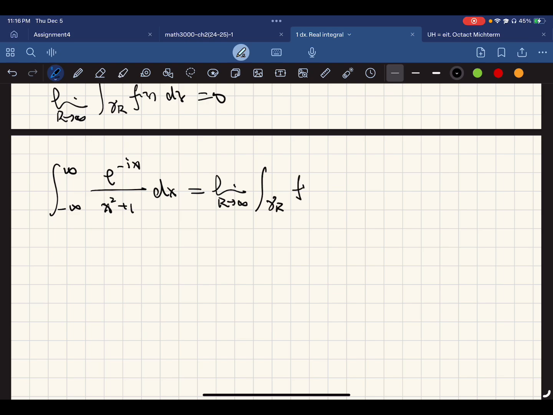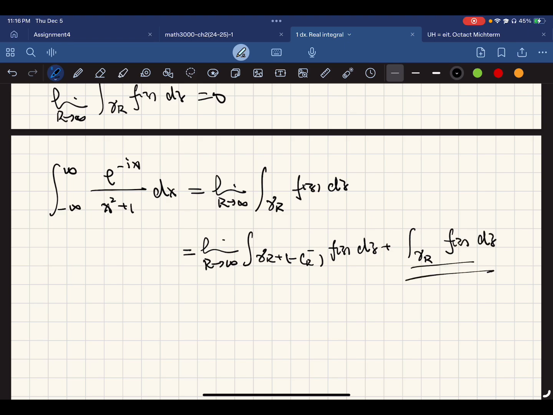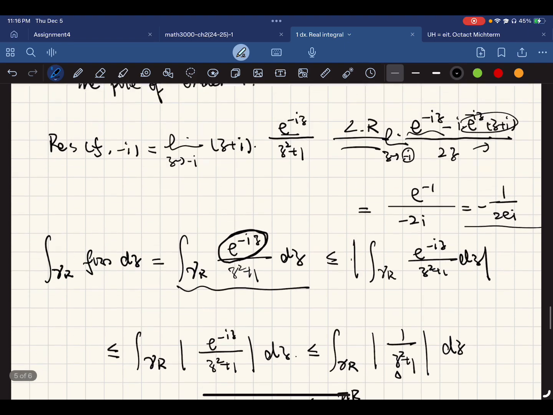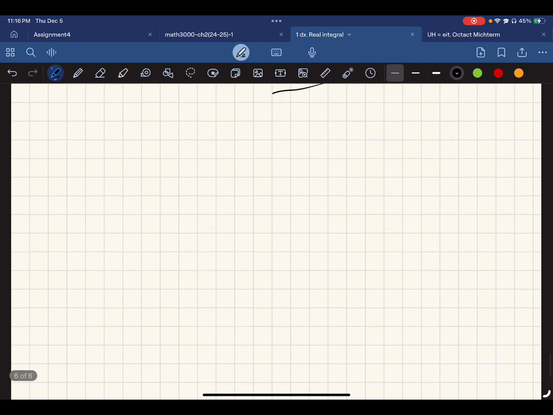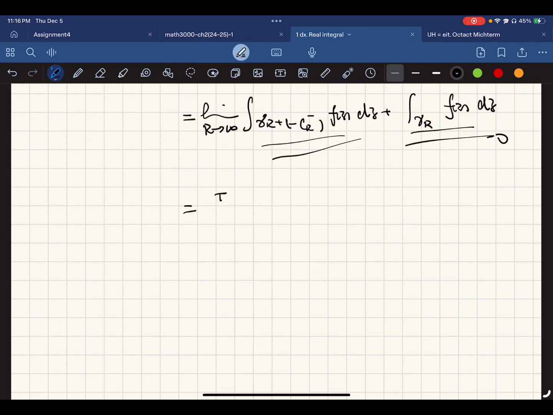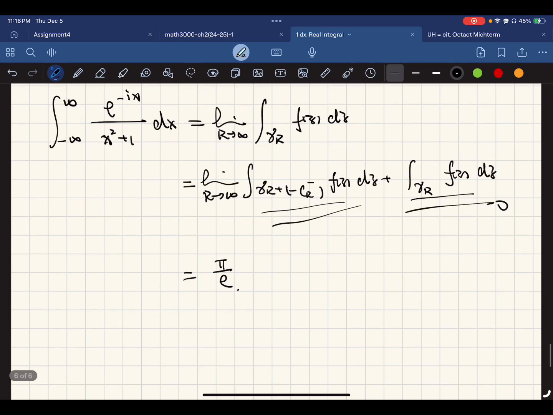It becomes two parts as r tends to infinity: the integral over the negative real segment plus the integral over gamma r of f(z) dz. This one is 0, and this one we calculated, pi over e. Hence the answer is pi over e. That's all for that.